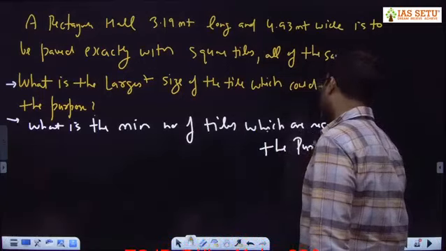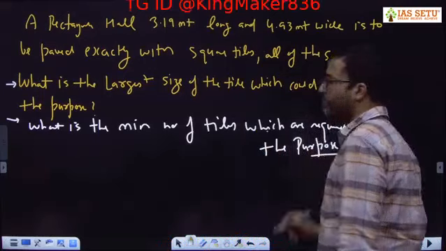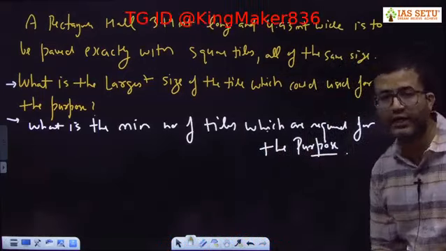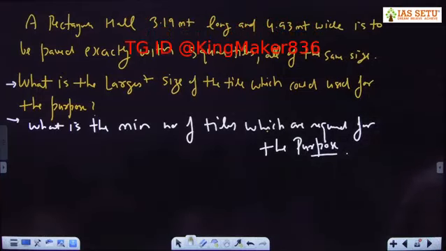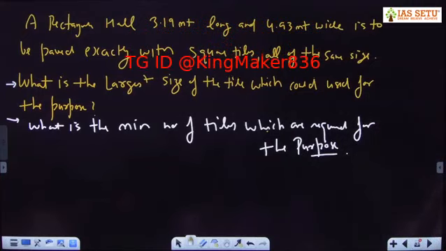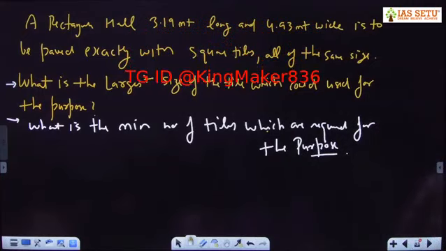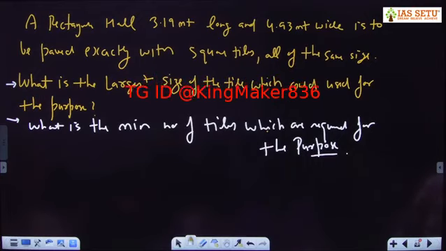So you have to be careful what is the size of the tile or number of tile. If you have to find number of tile, it will be area of rectangular floor divided by area of square tile. No, it's not like area upon HCF, it's like area of rectangular hall divided by area of square tile.